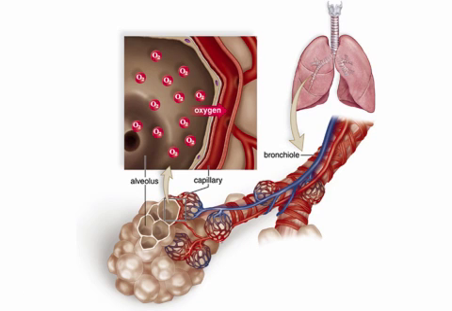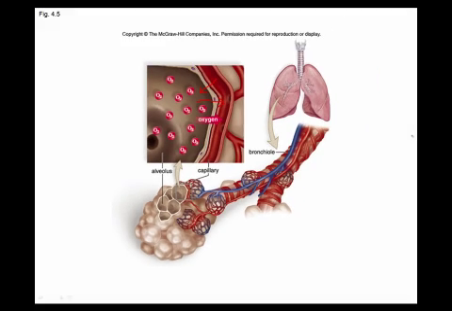Whenever we inhale, oxygen diffuses from the lungs into the blood. It's moving down its concentration gradient. Simultaneously, carbon dioxide, which is a waste product of cellular respiration, is going to diffuse from the blood into the lungs. So in both cases, these molecules are moving down their concentration gradient.